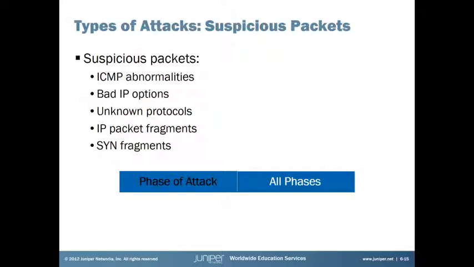IP packet fragments, where you're putting fragmentation into packets that can completely mess up the receiving device, opening up some strange vulnerability on the receiving device. And SYN fragments, where we've got our layer 3 TCP segments not properly formed.